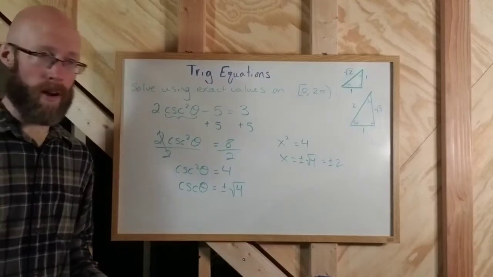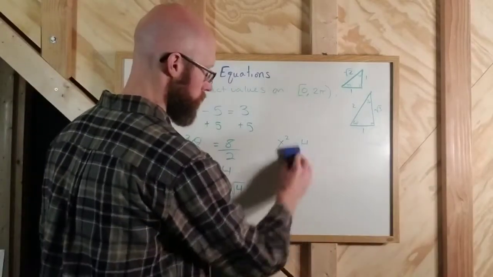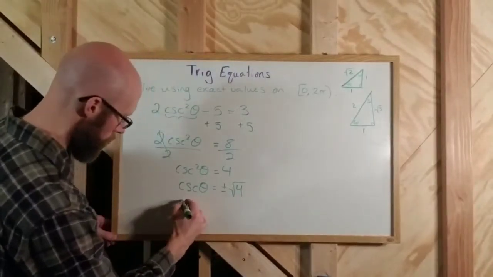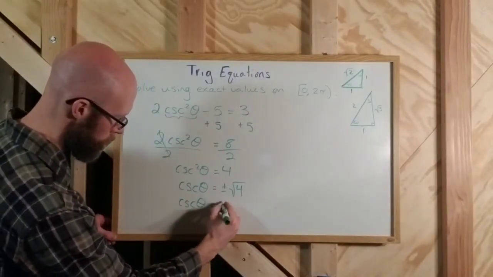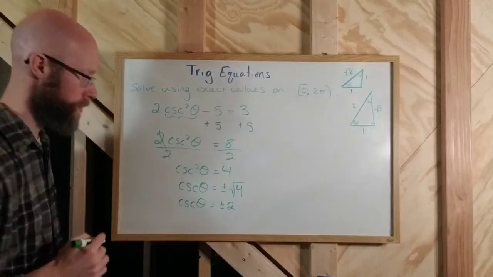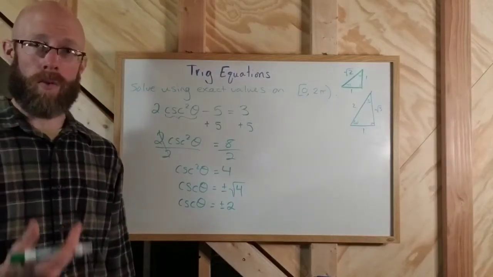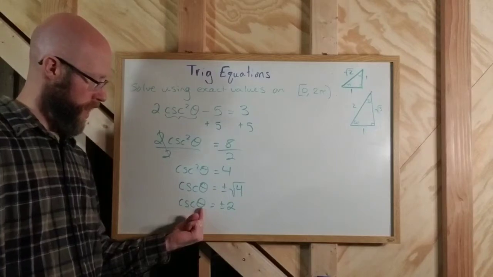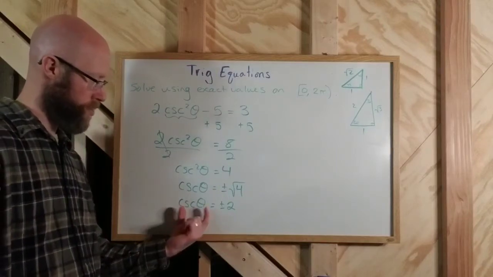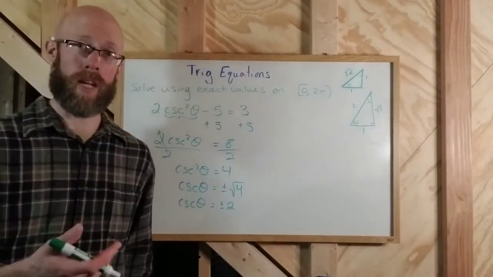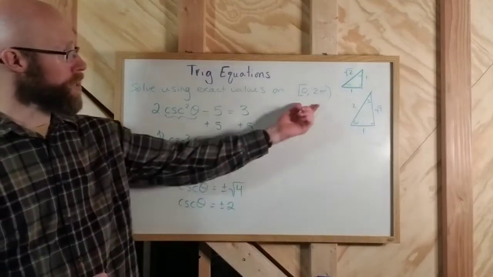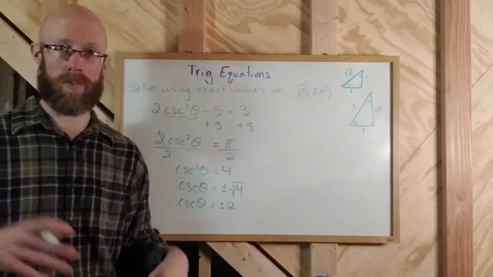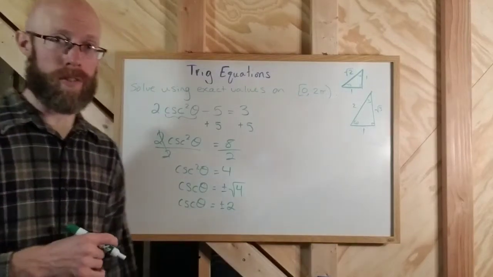That's what's being squared. So we could write that as cosecant theta equals plus or minus 2. Now what we're looking for are all angles theta that make the cosecant equal to either positive or negative 2, and we can use any angle in the interval from 0 to 2 pi. All right, so any of the 4 quadrants.